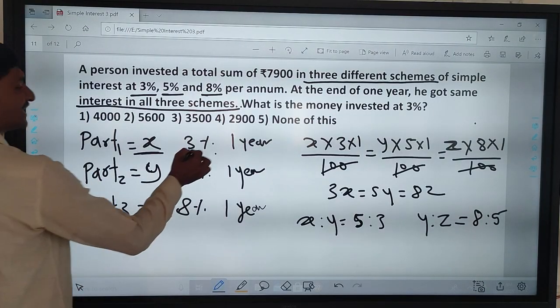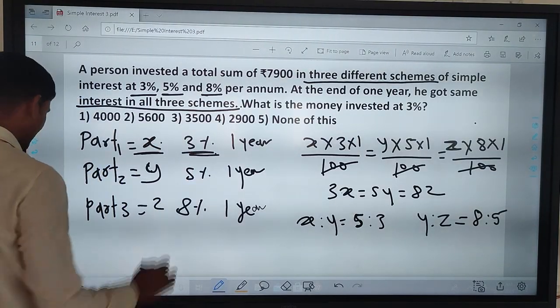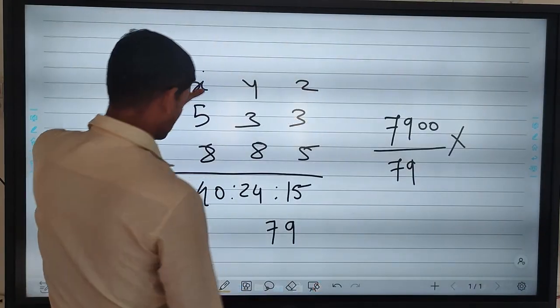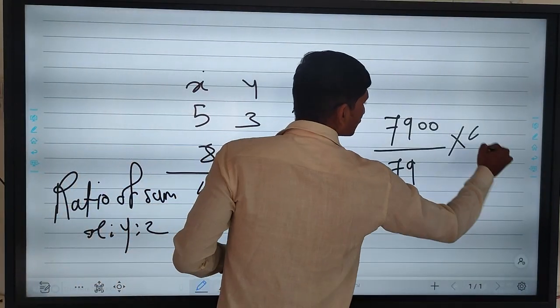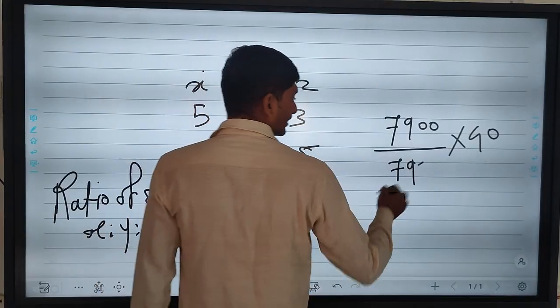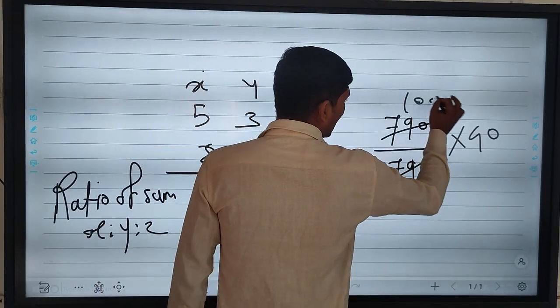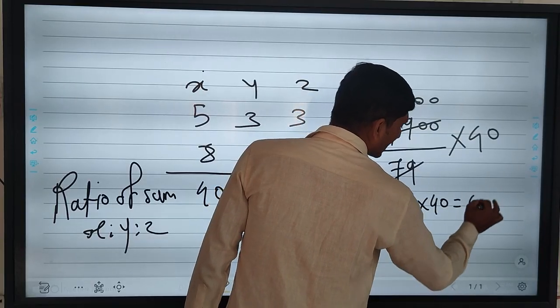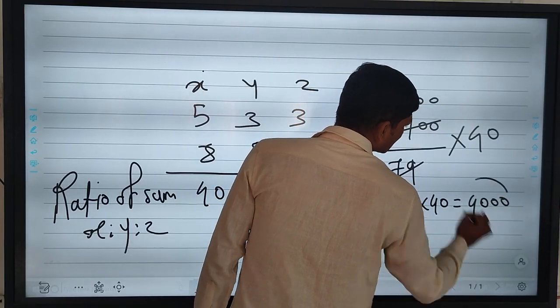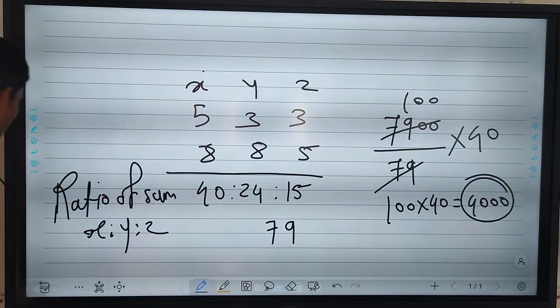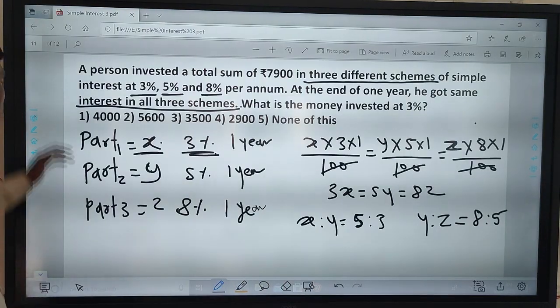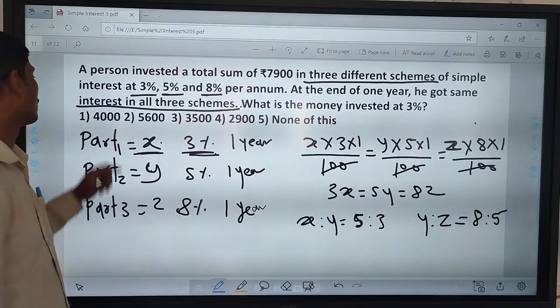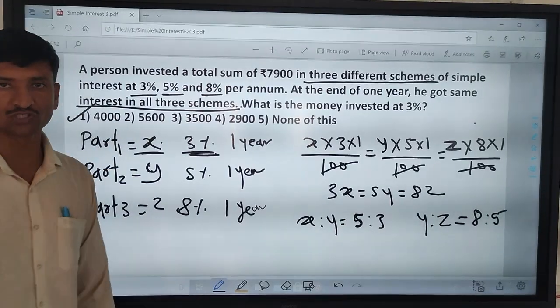Then x is equal to 79 into 100 into 40 in the ratio. Then your value is 4,000. Then the money invested at x is 4,000 rupees. Your answer is 4,000 rupees.